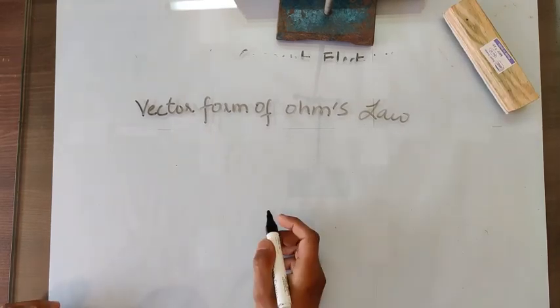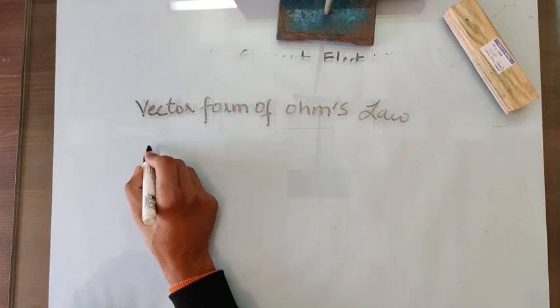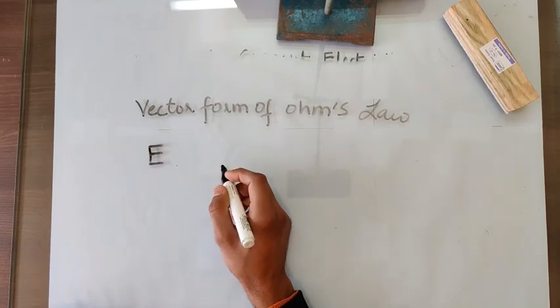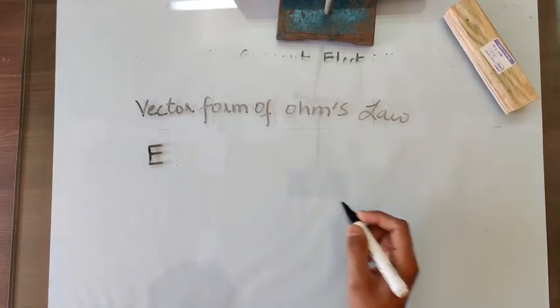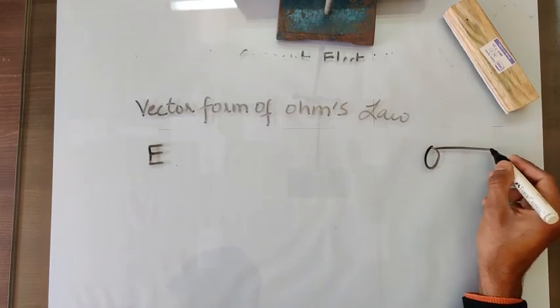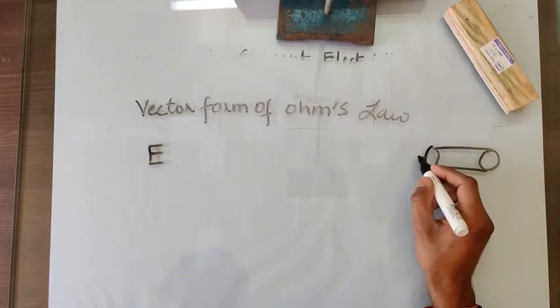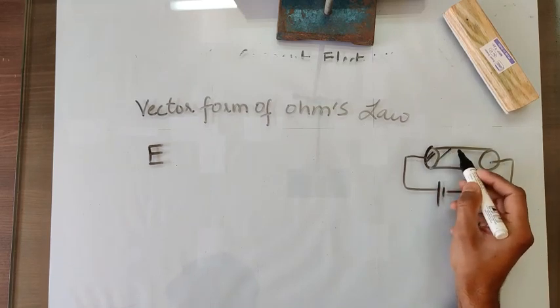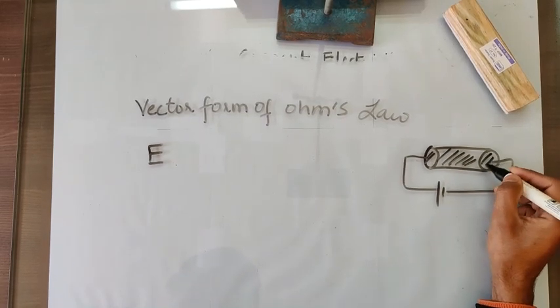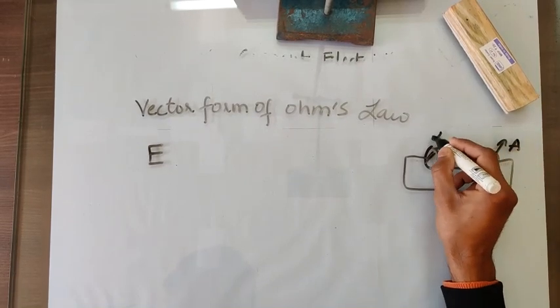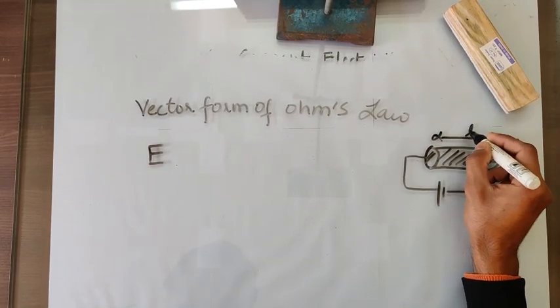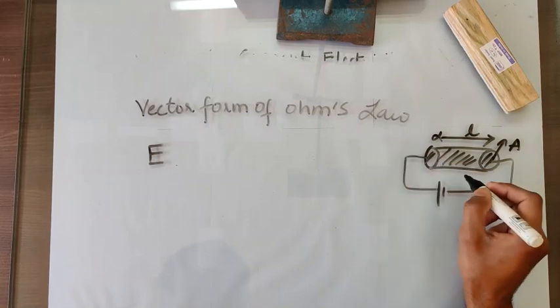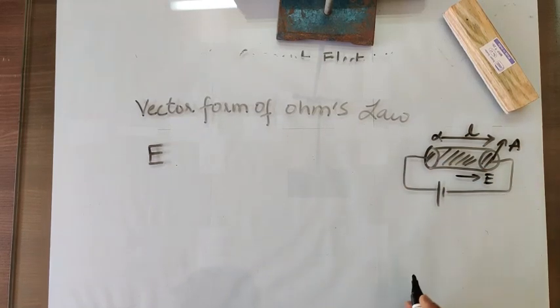So if E is the magnitude of the electric field in a conductor in which a battery is placed across it, let A be the cross section of this conductor, L its length, and E the electric field flowing through it.